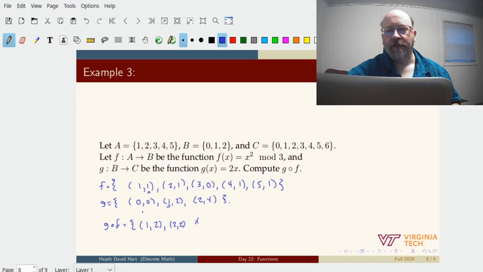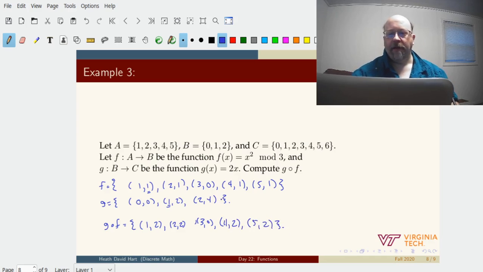Then 3 goes to 0, and 0 goes to 0. 4 goes to 1, and then 1 goes to 2. 5 goes to 1, and then 1 goes to 2. And so that's the composition of G with F, okay?